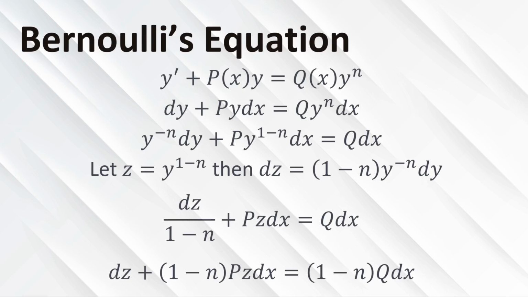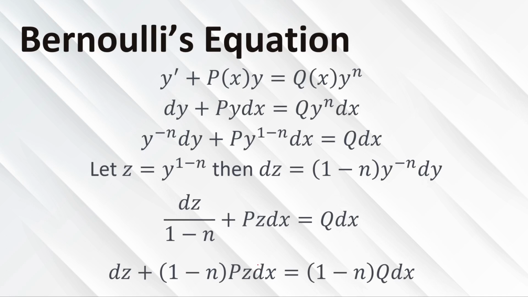So, from the general or standard form ng Bernoulli's equation, nagkaroon tayo ng ganito by using a substitution na ito, z equals y raised to 1 minus n and dz equals 1 minus n times y raised to negative n dy. And what happened when we substituted these values? Kung mapapansin natin, anong itsurang ito?